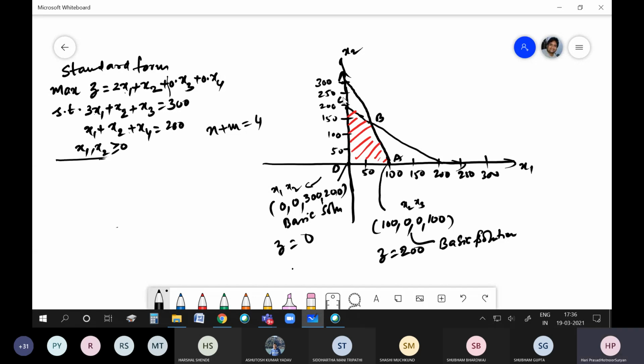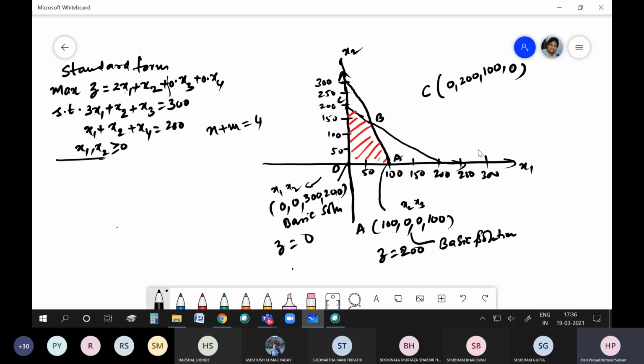What about this point C? What is the solution at C? What are the values of x1, x2, x3 and x4? 0, 200, 100 and 0. Is this a basic solution? Yes, sir, because you have 2 zeros here.